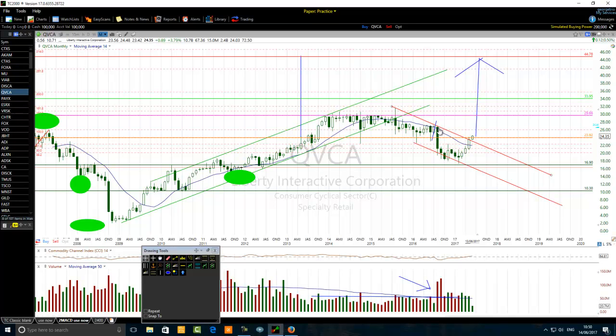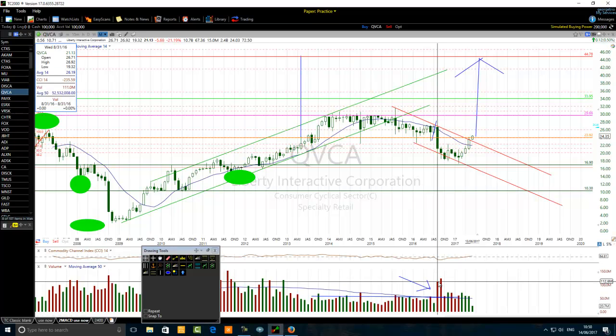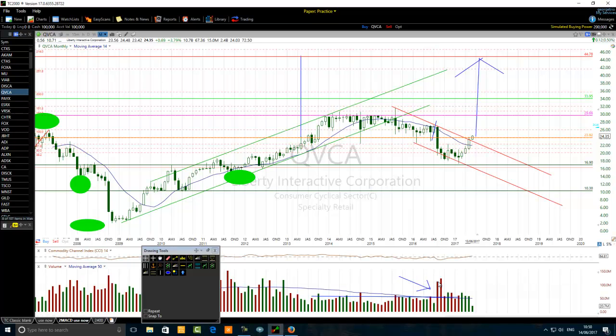So you see here, after the first volume bar, which was above 112 million shares being transacted in Liberty Interactive Corporation, ticker QVCA, all right? After the first volume bar, the surge in trading volume here, we see that the price came down very fast.